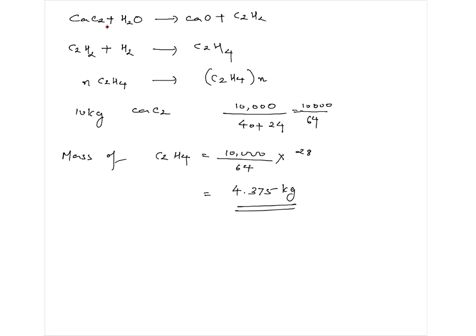We start with 10 kilograms of calcium carbide, and first we prepare ethene, in fact in first stage acetylene, ethyne, and then ethyne is converted to ethene by the addition reaction, and then this ethene is polymerized and we get polythene.